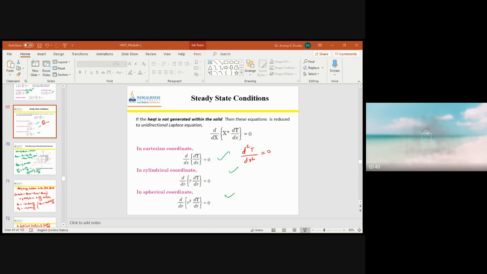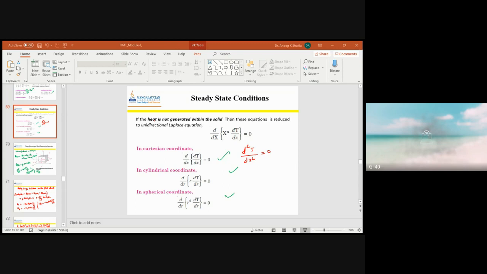Simultaneously, if heat is generated in the element at the rate of g watt per meter cube, then we calculate the total volumetric heat generation rate. Q gen is simply g multiplied by the volume of the element, that is dx dy dz.